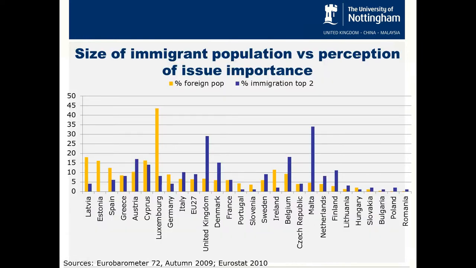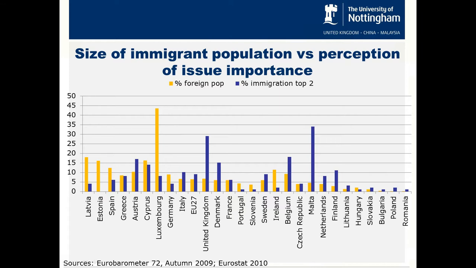Whereas this is a clustered bar chart, which allows us to compare 2 very different trends to each other within the same country. So this is the size of the immigrant population along with the perception of issue importance.